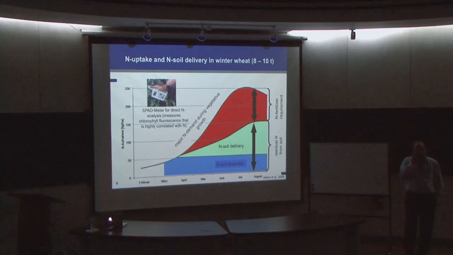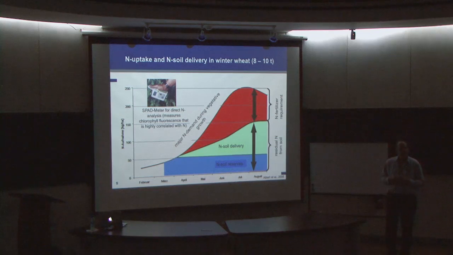Okay. What the farmers can do, they can use very fancy equipped material to measure the nitrogen status of their plant by optical sensors and so on. What we use in the laboratory is something relatively old, already available since dozens of years. It's the SPAD meter, and by looking at the chlorophyll fluorescence, which correlates very nicely to the nitrogen status, we can easily measure the nitrogen status of the plant.